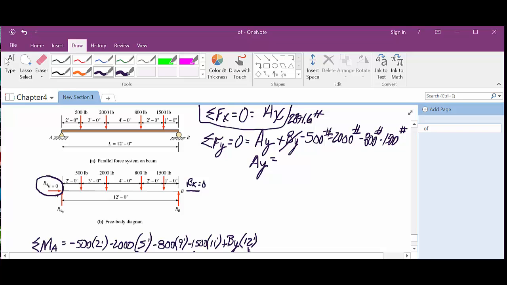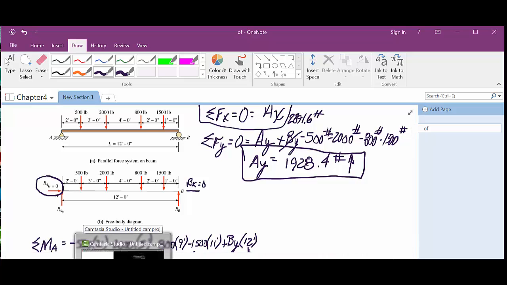Because you're switching sides of the equation. So 1928. Uh-oh, this said 1908. Pounds. We said it was going up, right? It came out a positive value, therefore it is going up. That's where we're headed. Too easy, isn't it?